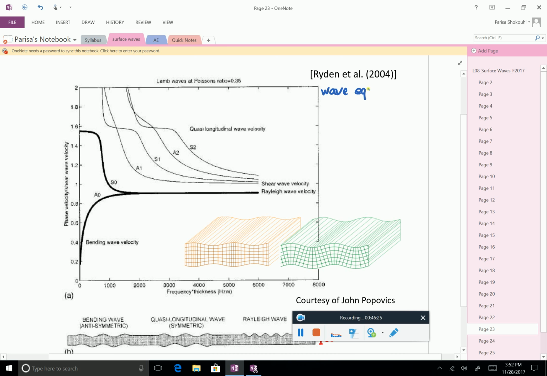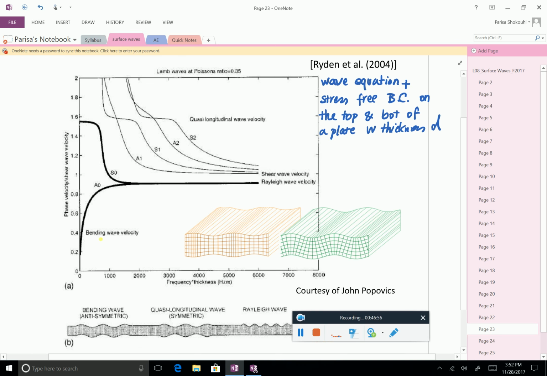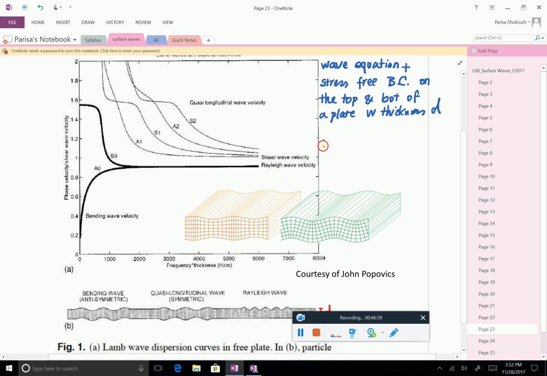So if I impose on the wave equation stress-free boundary conditions on the top and bottom of a plate with thickness D, I get two equations which actually look quite interesting.